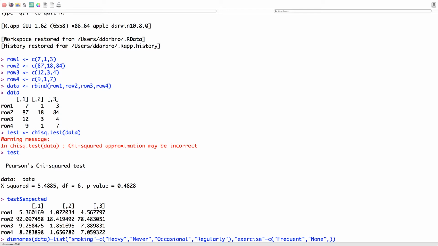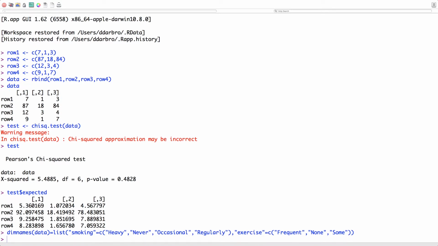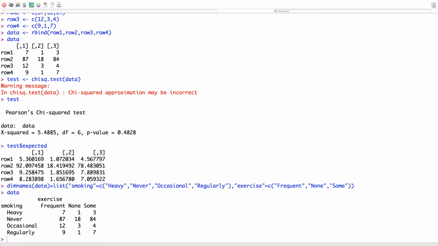So what this is going to do, and you've probably figured it out, sum. Now if we do data, we get the dimension names on the columns, and this is going to help, I think, in where I'm going to be headed here.